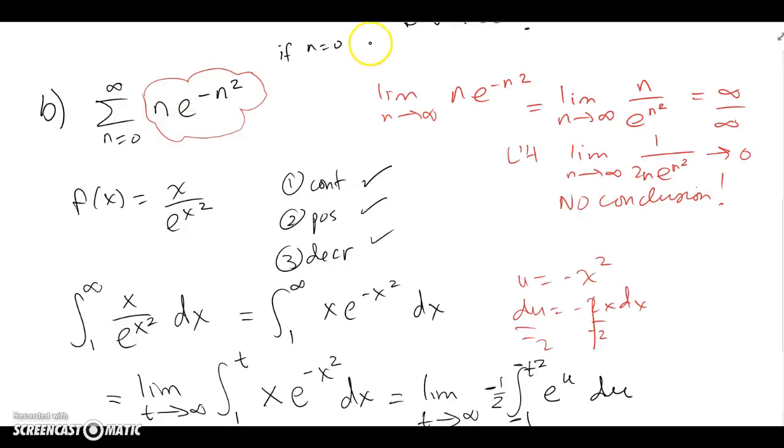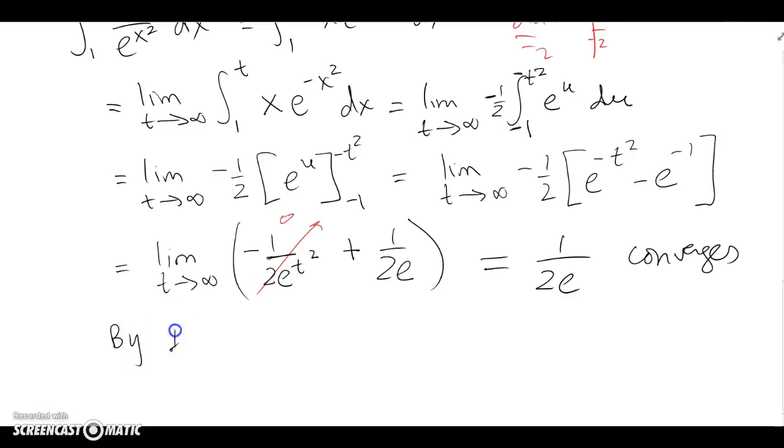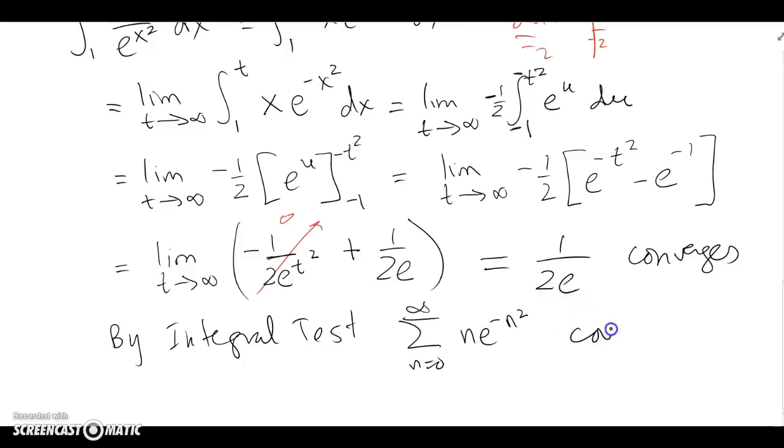The term of the sequence, let's say a sub 1 I call it, is still 0, so I could essentially be looking at the sum from n equals 1 to infinity of n e to the negative n squared. So by the integral test, this series converges also.